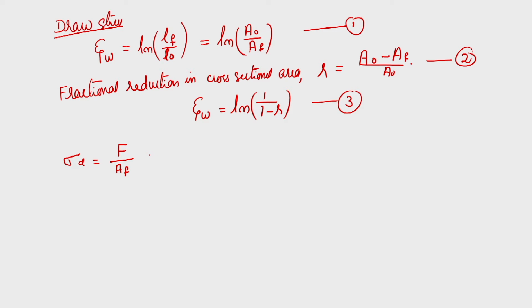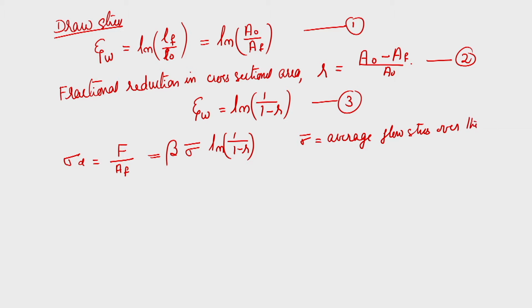So, we can write it in this form: beta into the average flow stress over the strain interval into log 1 by 1 minus R, where sigma bar is the average flow stress over the strain interval.